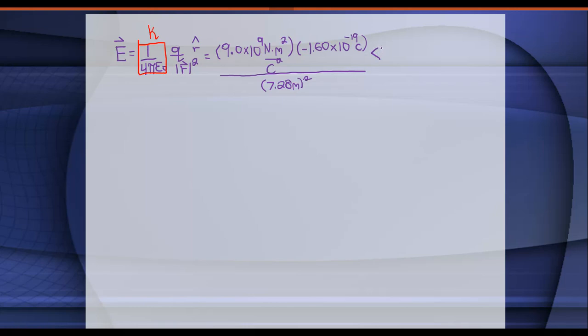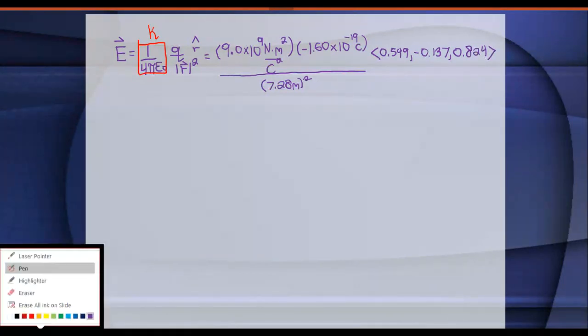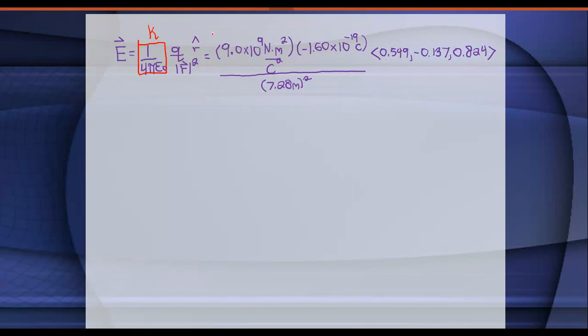So again, that unit vector is 0.549, negative 0.137, and then 0.824. And then once again, just to not overwhelm myself with calculations, I'll first just calculate every part that's outside of the unit vector, outside of the ordered triple.